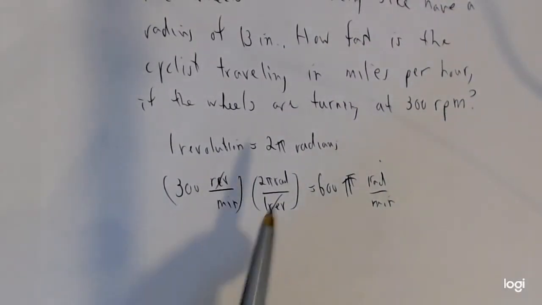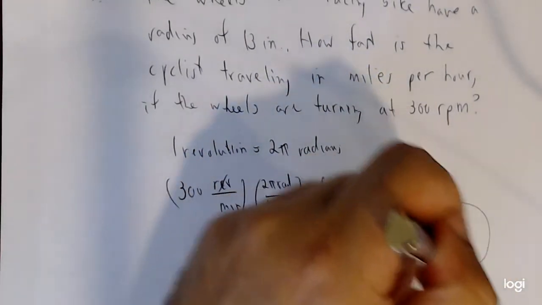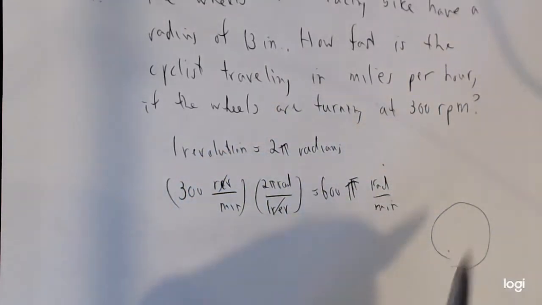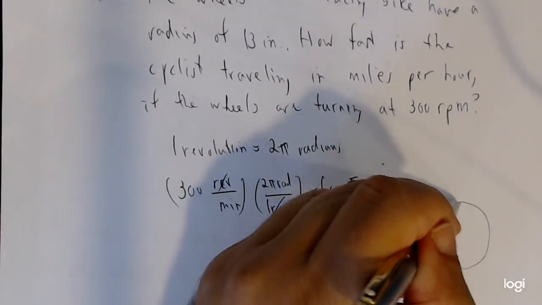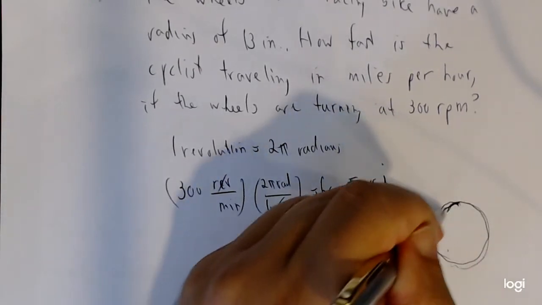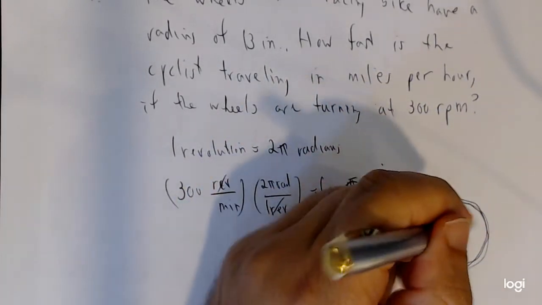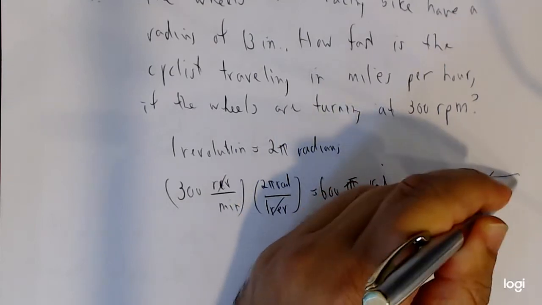Now look, when a tire turns, it has an angular speed, right? The linear speed of the tire, which is how fast the point is moving around this circle, will actually cause the bike, if this is the bike, to move.